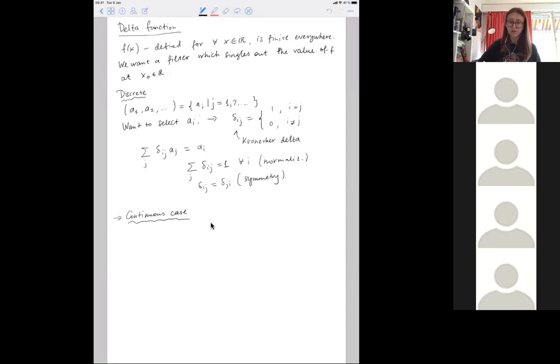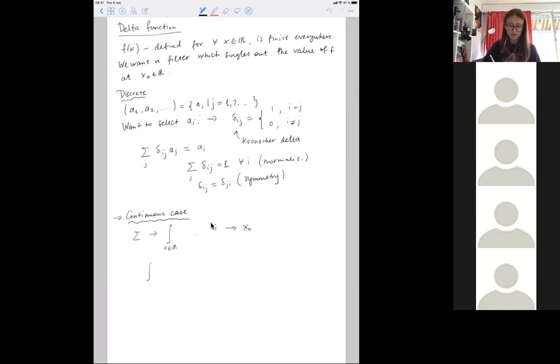For that, we just have to substitute the summation over the elements with the integral over x's in R. And then the specified index i would be substituted by a particular point x0 that we want to select.